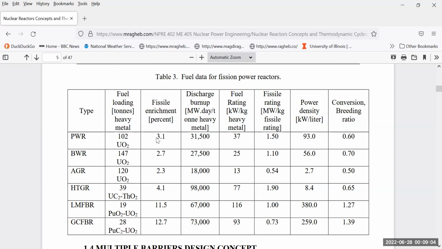We have to increase the concentration of uranium-235 to 3.1% or 3% for either one of those systems. You find that for the liquid metal fast breeder, we have to increase that composition of uranium to 12% or even 20%. For naval reactors, even if you use a pressurized water reactor, you have to increase that enrichment of uranium to 96% uranium-235 rather than the 0.72%.